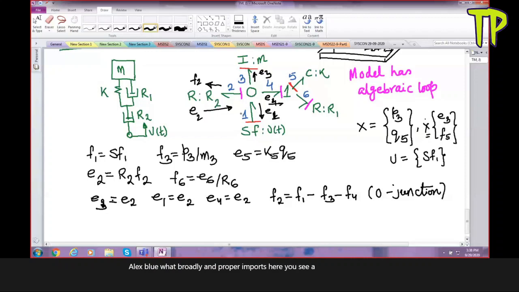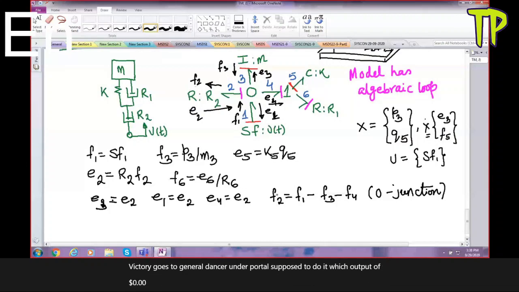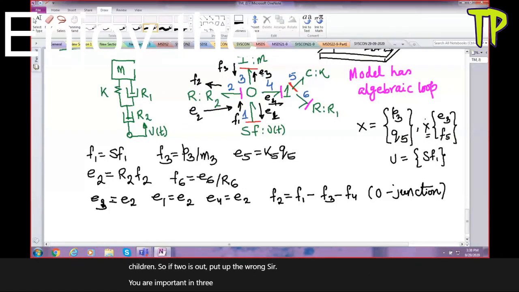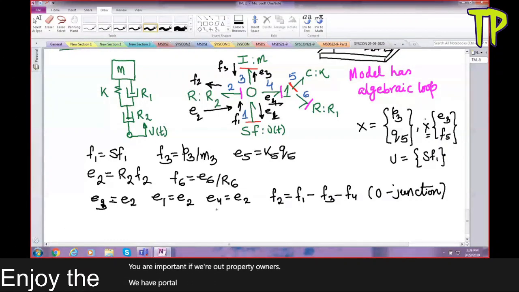F1 goes to the zero junction, F3 goes to the zero junction and F4 also goes to the zero junction. And F2 is the output of the zero junction, along with E1, E4 and E3. So we have 4 outputs, 3 efforts and 1 flow.